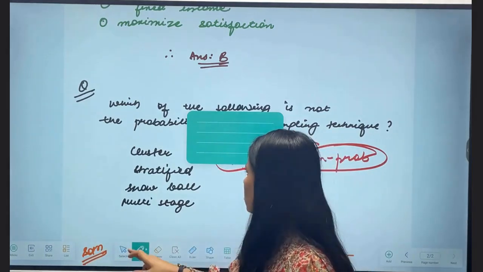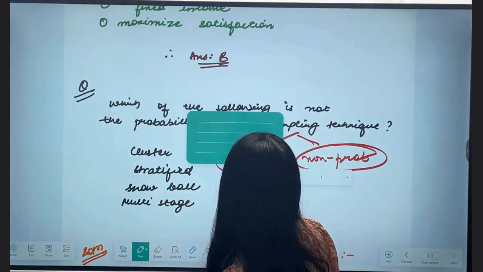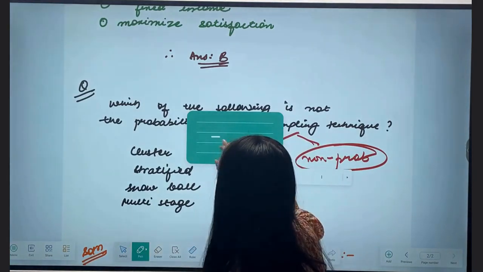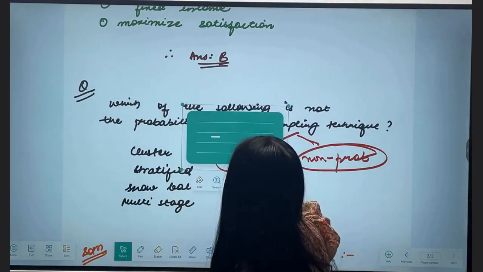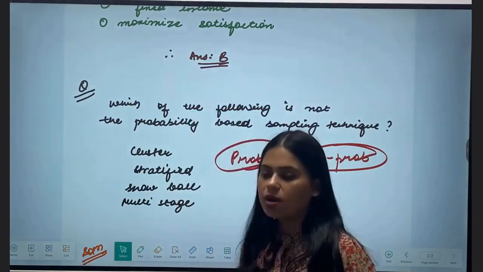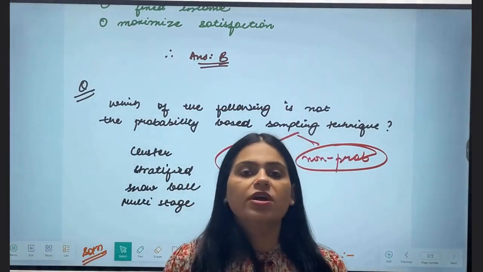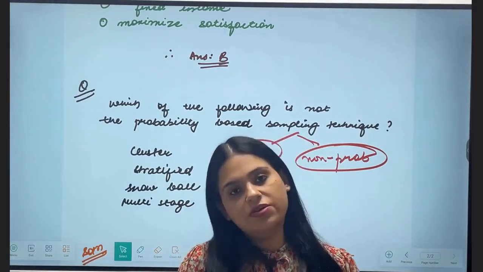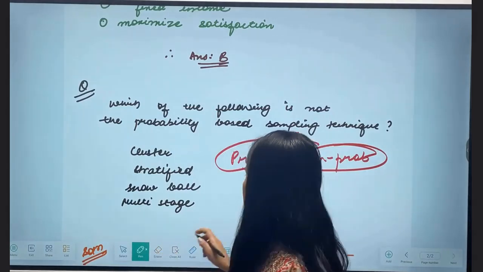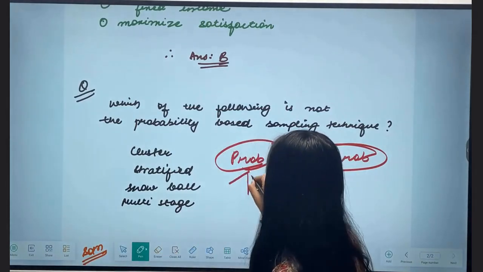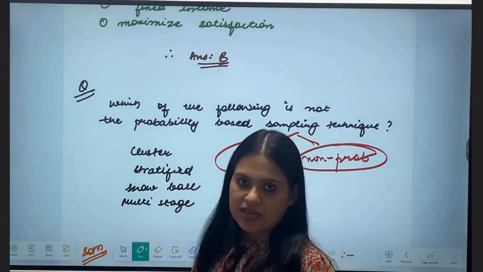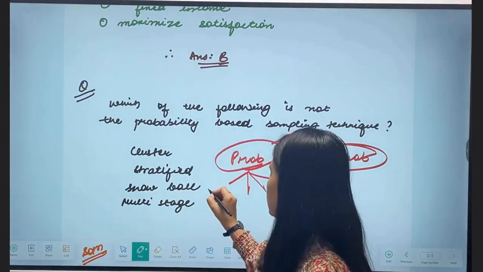So when I talk about a probabilistic approach, it means random approach, right? So the probabilistic approach has 4 main sampling techniques under it. What are they?